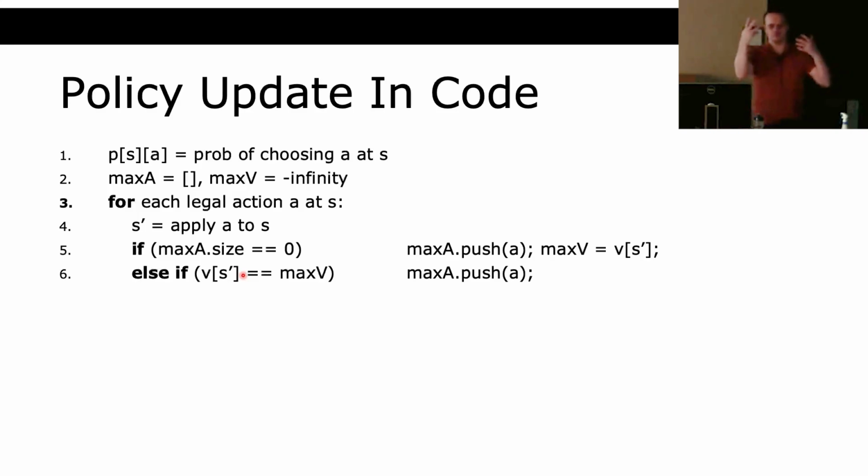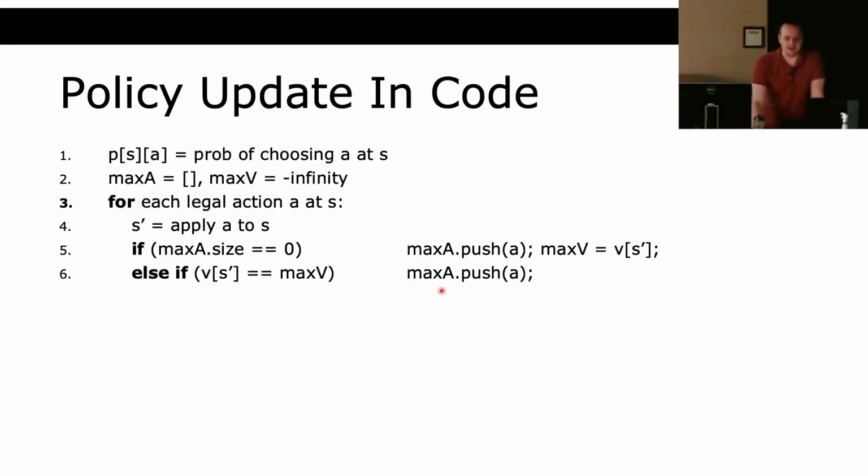Otherwise, there's 3 things. The 3 things are either this new value is bigger than the things that are in the array, it's the same as the things in the array, or it's less than the things in the array. And we want to do something slightly different in all of those cases. So if the value that we just got is equal to our maximum value, then this means, oh, this action also takes me to a maximum.